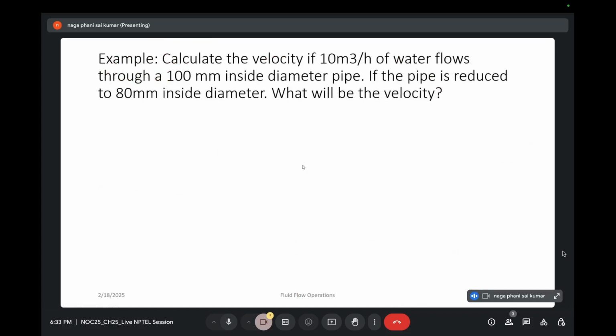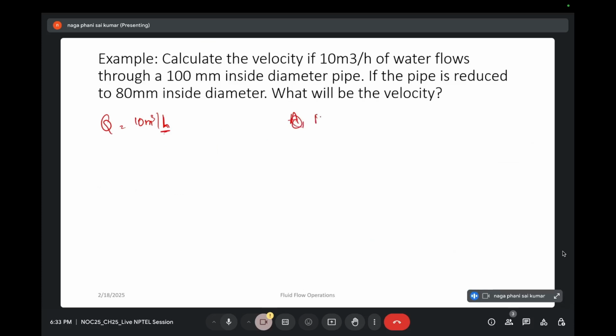Coming to the next problem: calculate the velocity if 10 meter cube per hour of water flows through a 100 mm inside diameter pipe. If the pipe is reduced to 80 mm inside diameter, what will be the velocity? Same thing, we were given Q as 10 meter cube per hour. Observe the unit, this is in hours, not seconds.